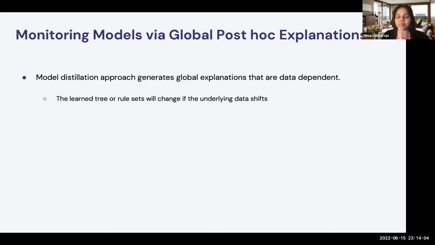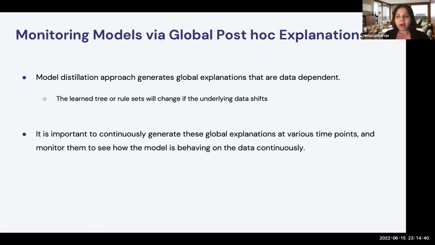As we just talked about in the previous slide, the fitted interpretable model like the decision tree essentially is being fit on the input data points and the corresponding model predictions, right? So if the data itself changes, then this interpretable model that you're fitting as a global post hoc explanation will also change, right? Which means the learned tree or the learned interpretable approximation will change if the underlying data shifts, okay?